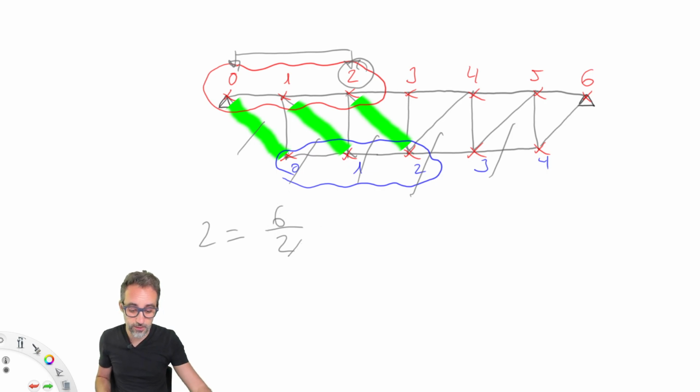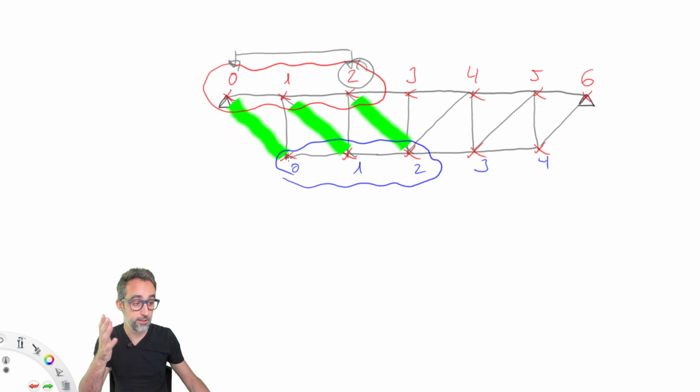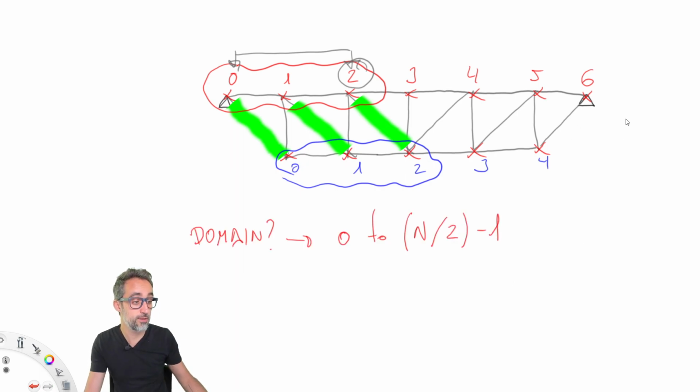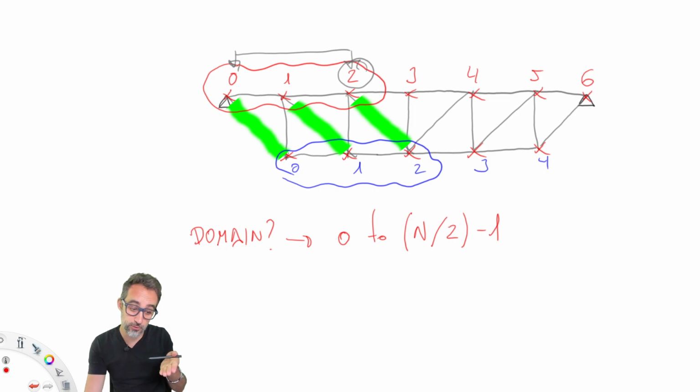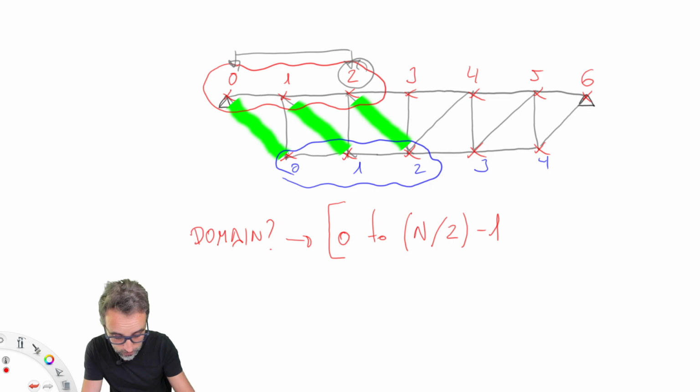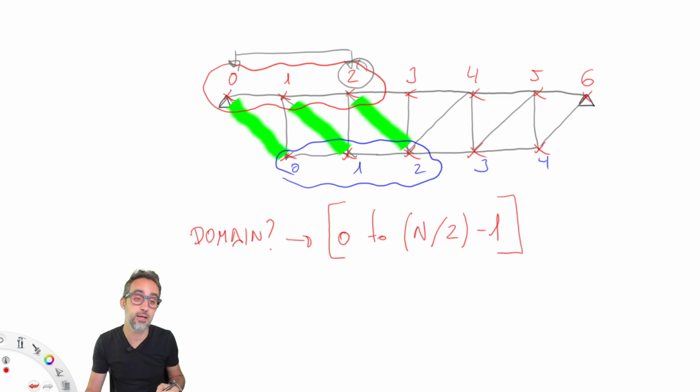So we could write a rule where the domain that we choose to isolate the first elements for the diagonals could be the value that goes from 0 to the number of spans divided by 2 minus 1. And this could be an inclusive domain that is typically done with brackets, okay?